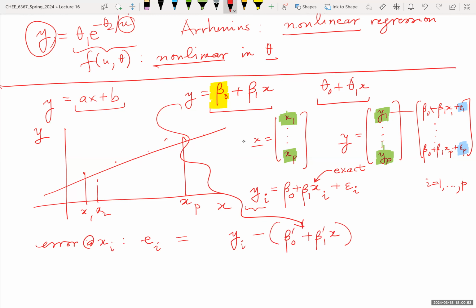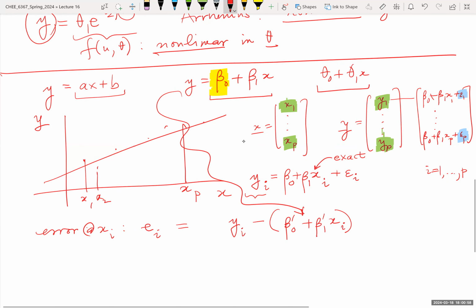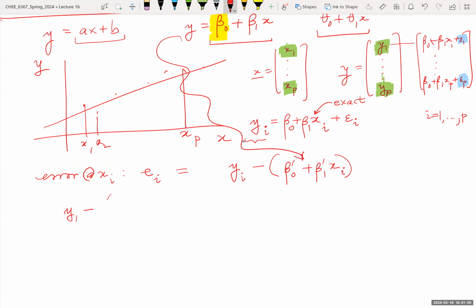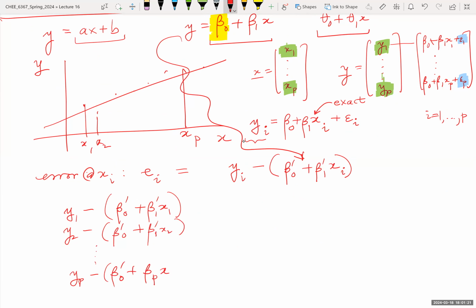So you want all of these errors to be small: y1 minus beta 0 plus beta 1 x1 to be small, y2 minus beta 0 plus beta 1 x2, all the way to yp minus beta 0 plus beta 1 xp.